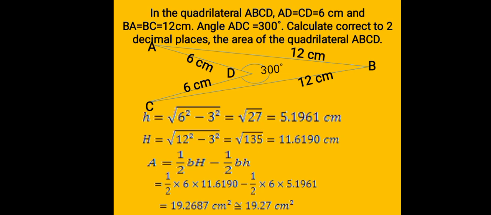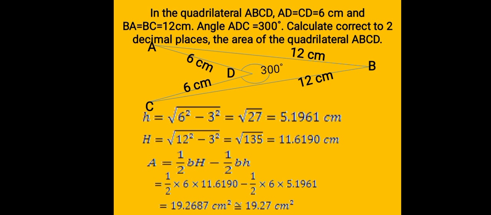Now the area, we shall get a half BH, uppercase H, meaning that we are finding the area of triangle ABC, minus the area of triangle ADC, which is a half base times height h in lowercase. Now substituting the values, we have all the values.